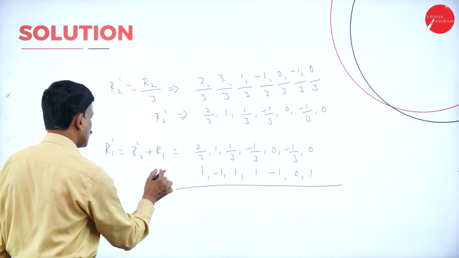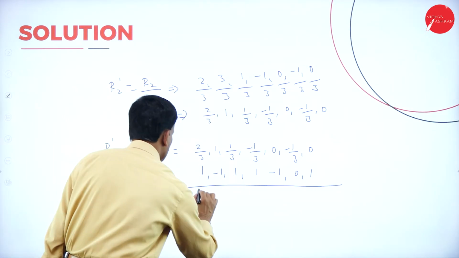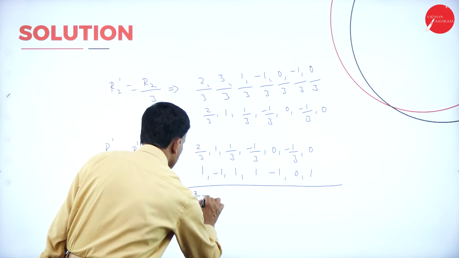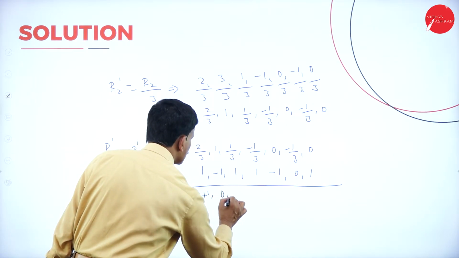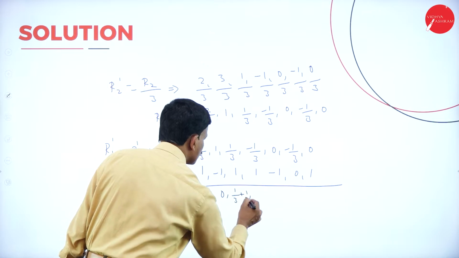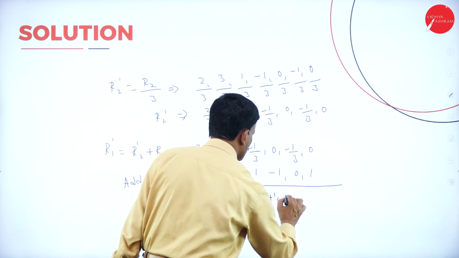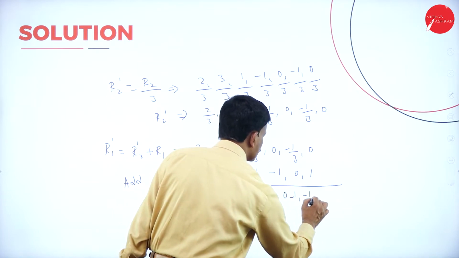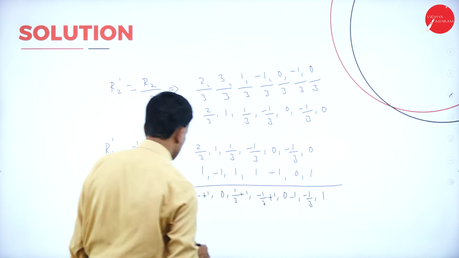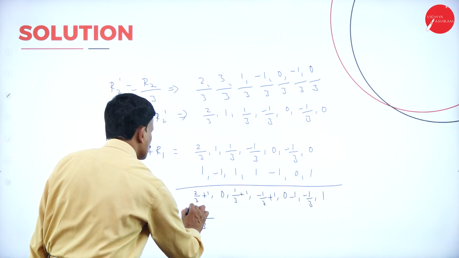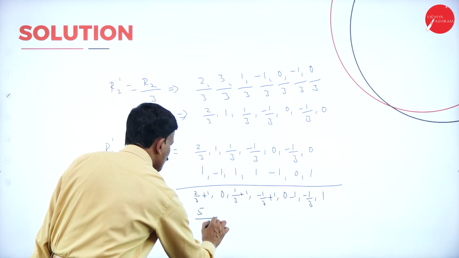If you add, what will you get? This is 2 by 3 plus 1. 1 minus 1 is 0. 1 by 3 plus 1. Minus 1 by 3 plus 1, comma 0 minus 1. Again minus 1 by 3 plus 0. 0 plus 1 is 1. Take the LCM, 3 is the LCM. 3 ones are 3 plus 2 is 5 by 3.